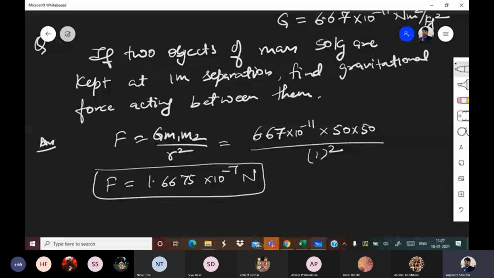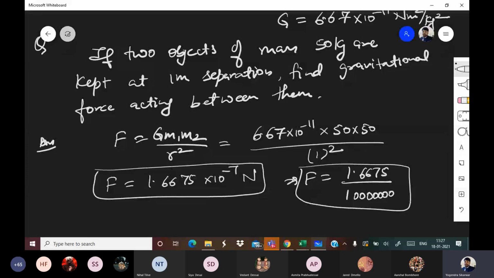Now this force F is actually 1.6675 upon 1, 2, 3, 4, 5, 6, 7 zeros. It is that small a force.